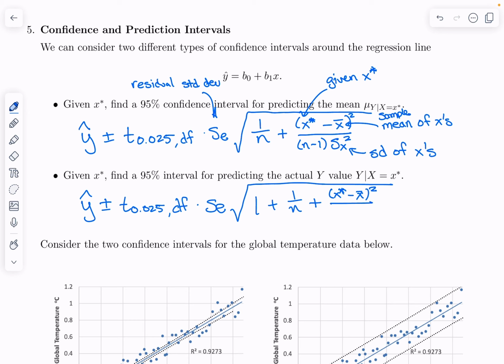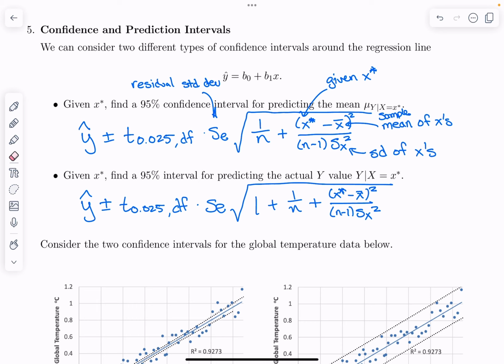So the difference between the previous confidence interval and this new prediction interval is that there's a 1 here that's added underneath the square root.